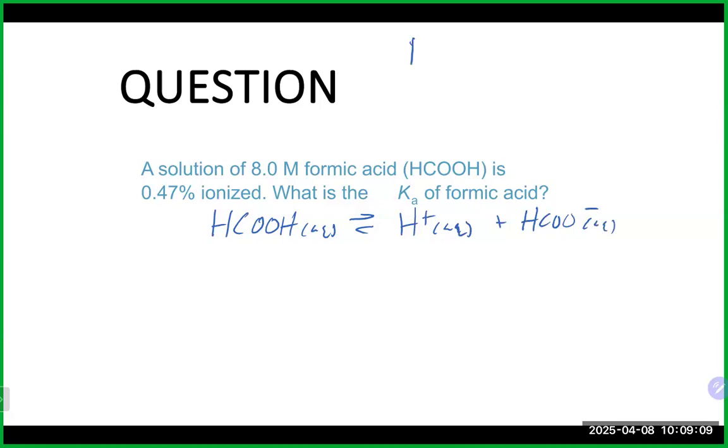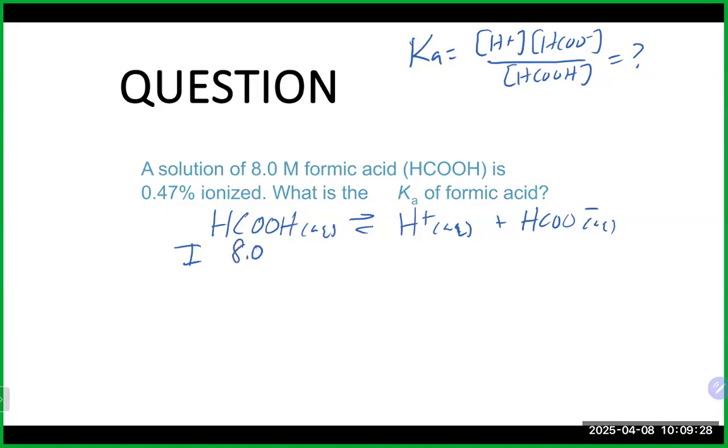Our Ka in this case would be H plus times HCOO minus over formic acid. That equals, not sure, because that's what we're looking for in this particular case. Initially, what we do know is we have 8 molar of this acid to start with. We have none of the products.